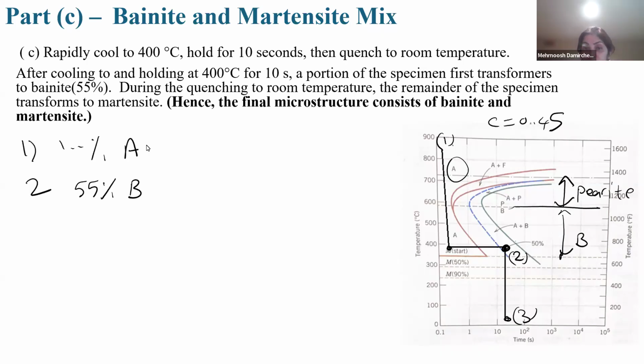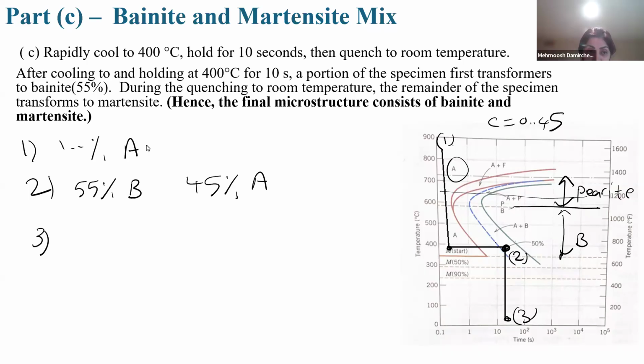But pay attention to pearlite. For example, if we cool more than 650, we have coarse pearlite, and less than that, we have fine pearlite. But here, no matter, because we are talking about 400, so 55% of austenite converts to bainite, and the other 45% doesn't have enough time and is still austenite.